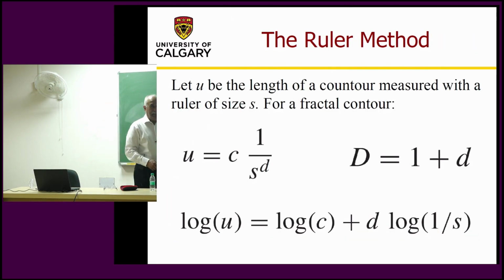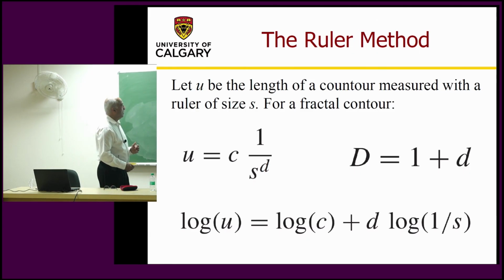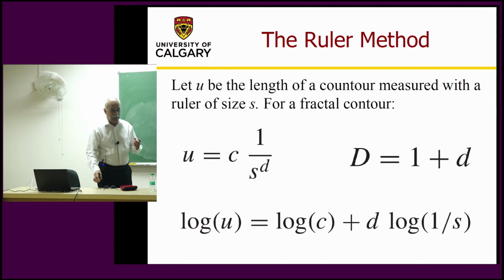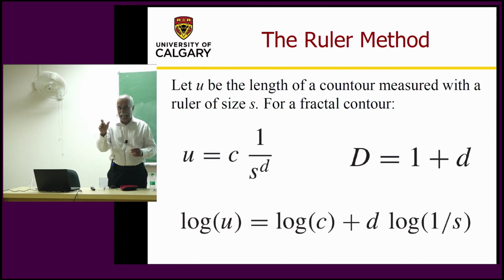The ruler method to estimate the fractal dimension says, let U be the length of a contour, but the length varies depending upon your measuring scale. The larger the scale, the poorer the accuracy of measurement. There is some contour and you want to measure its length.